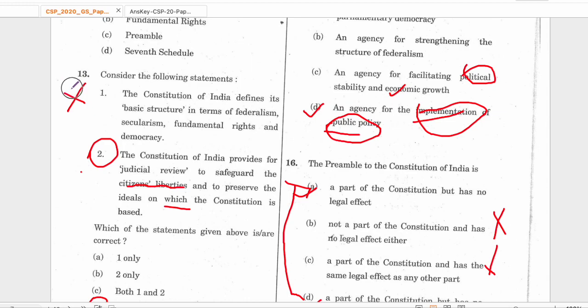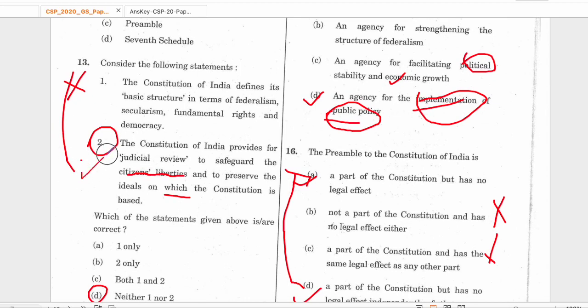Now, this answer was very controversial, but remember what they are doing is, the Constitution of India provides for judicial review to safeguard the citizens' liberty and to preserve the ideals on which the Constitution is based. So there are two kinds of provision, one implicit, one explicit.